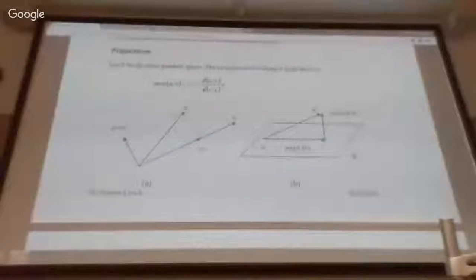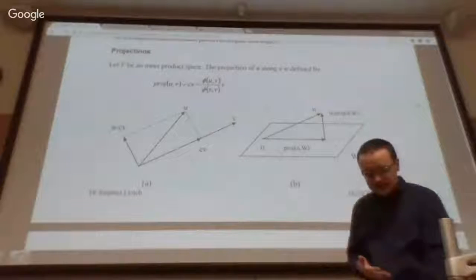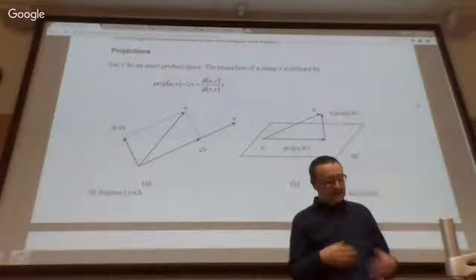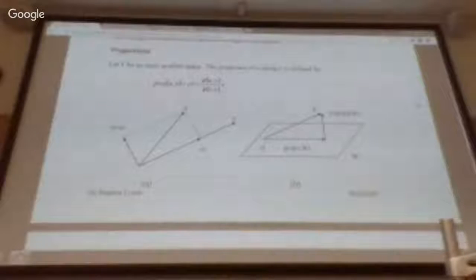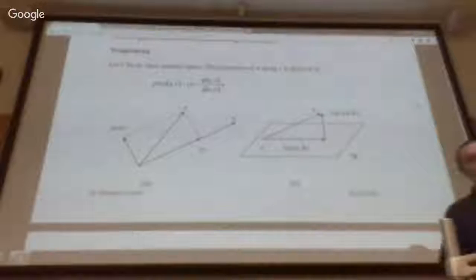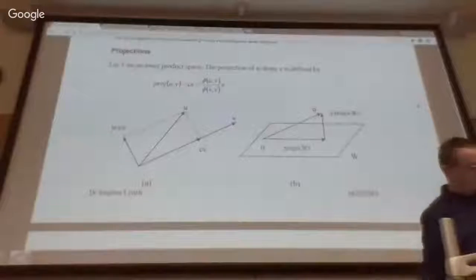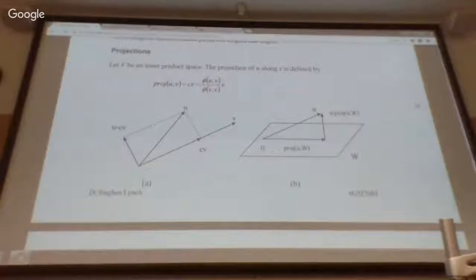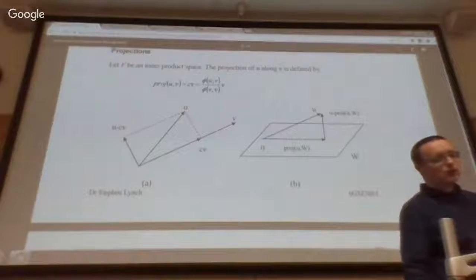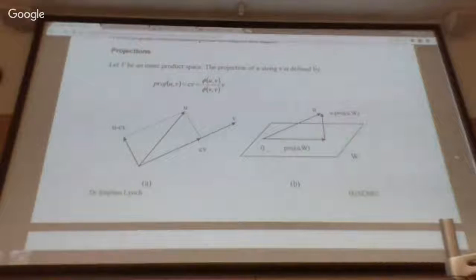Okay? Well, these concepts can be generalized to the setting of any vector space which has an inner product. Because we've seen how the inner product gives rise to a length-like thing called a norm, and you can define cosines of angles as well. So following what we know about regular geometric vectors and the dot product, we can define what it means to talk about projection in a more general sense.